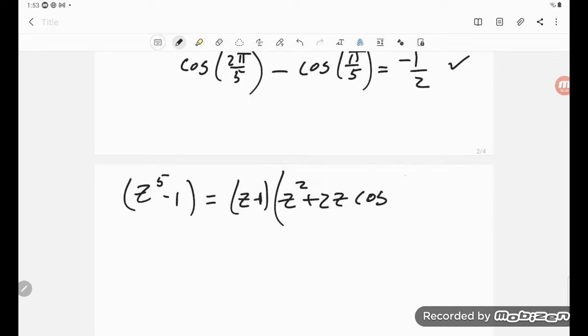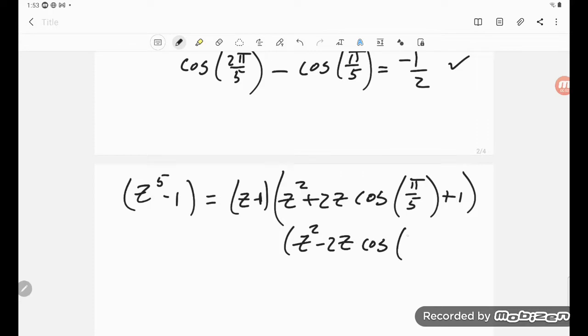So they have pi over 5 like that, plus 1, and then times the z squared minus 2z cosine of 2 pi over 5 plus 1.